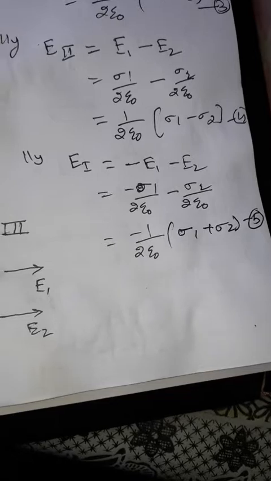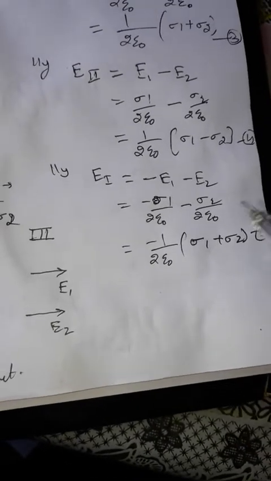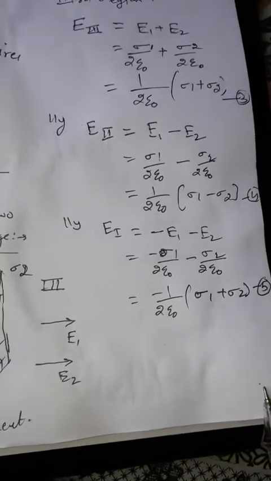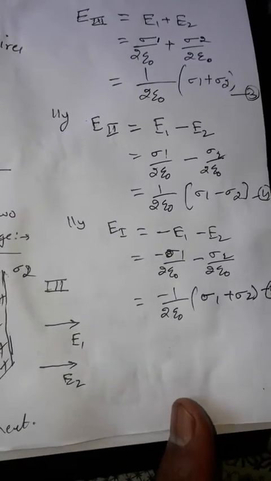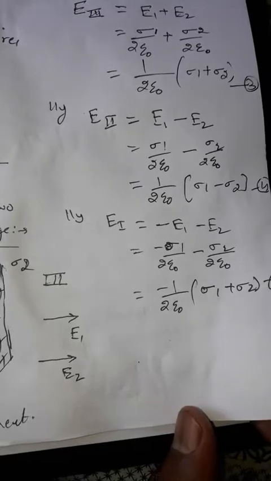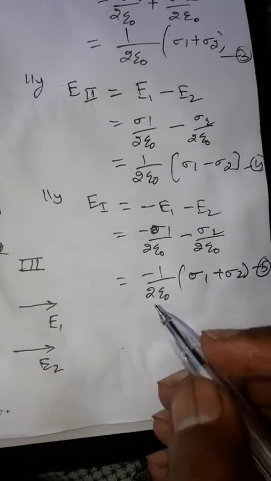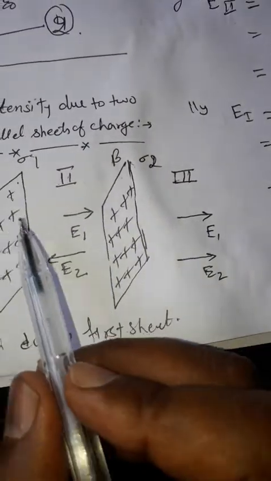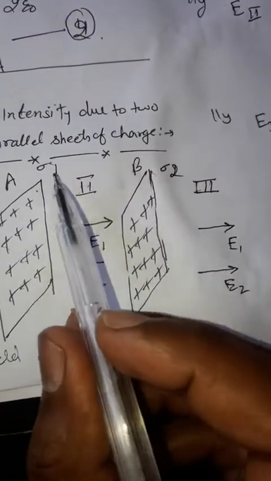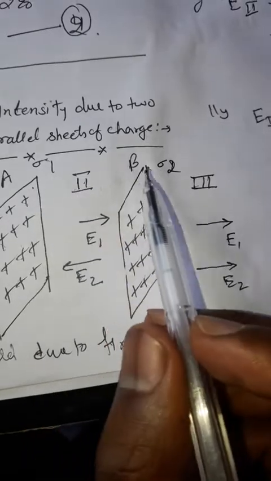Okay, so now from these equations it is clear that there are different electric field intensities in the different regions between or surrounded by the two plates. Now if we consider a special case, that is when the surface charge density on both plates is the same, that is sigma 1 and sigma 2 both are equal.